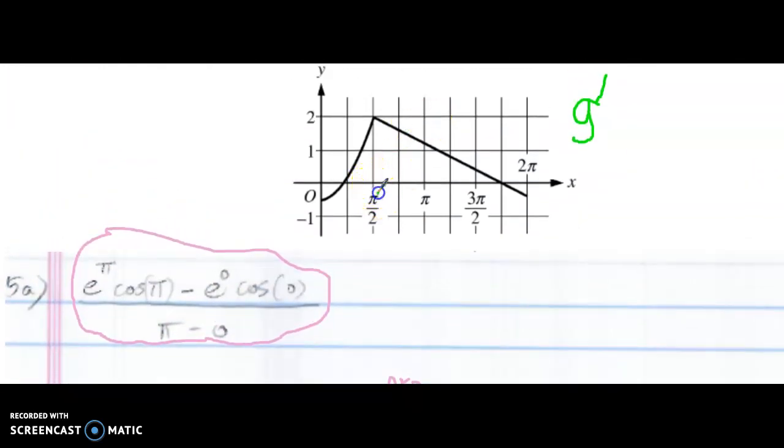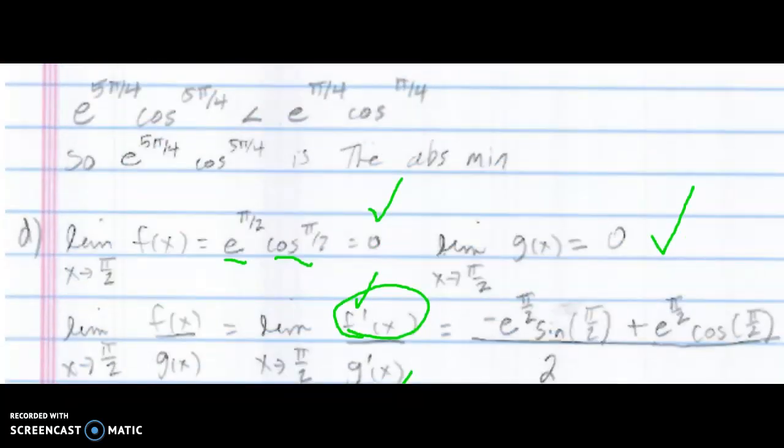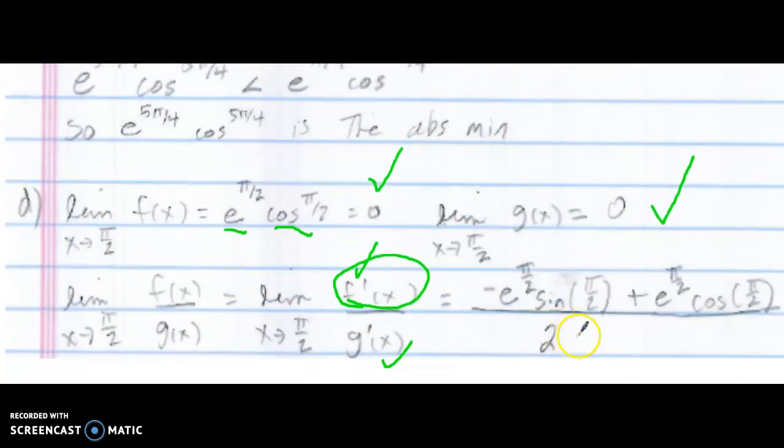So when I look at my graph of g prime at pi over 2, I get a g prime value, a y value of 2. And so since the denominator is not 0, I don't really care what the numerator is. I do not have to simplify it. I know that I'm not going to run into a repeated situation of L'Hopital. So that's how you work out the problems in number 5.